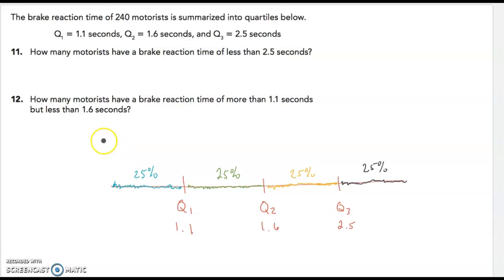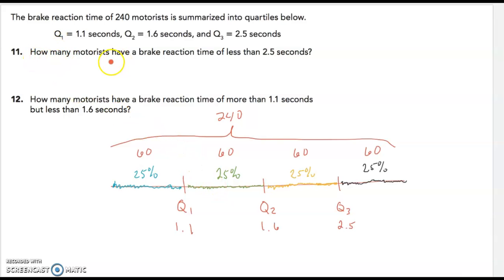This whole chart represents 240 motorists, so each section represents 25% of 240. 25% of 240 is 60. So each section represents 60 people.